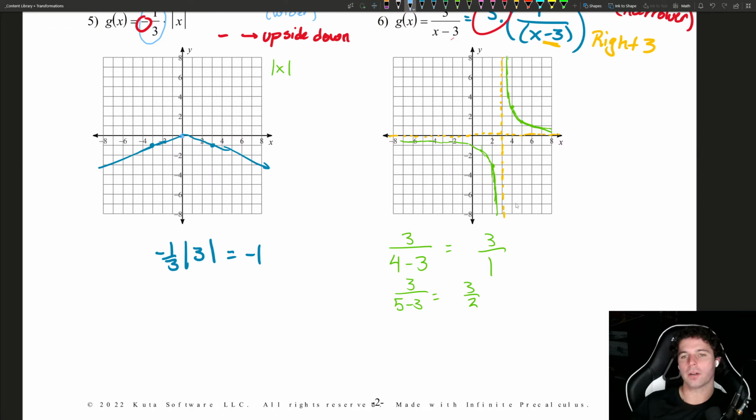No. So, okay, I see what you're saying. We plugged in 4 into our function, and when we plug in 4, we get 3. Right, so the point we would get is 4, 3, not 3, 3. Right, and that's this point right here.